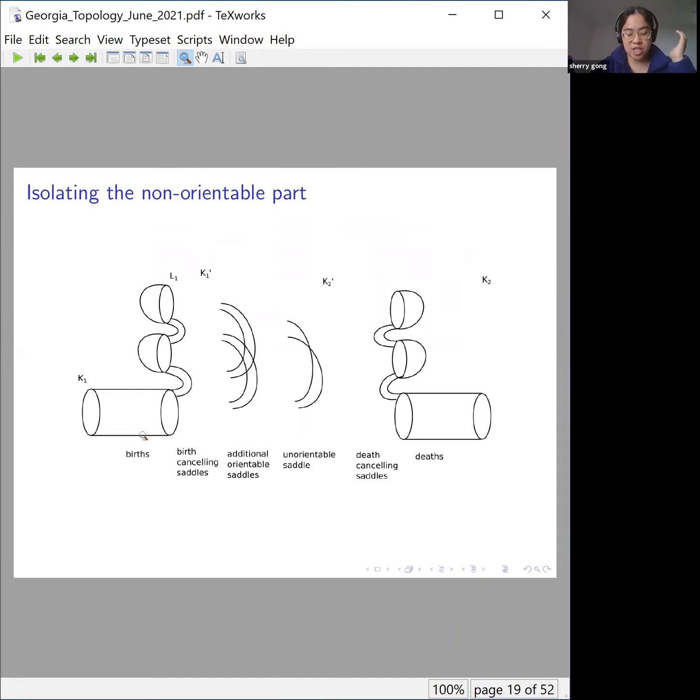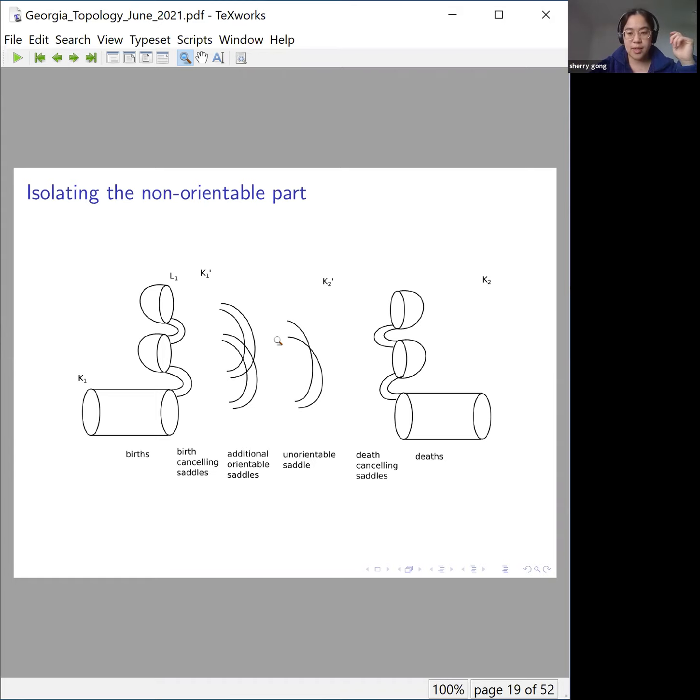Then you have a bunch of additional saddles. We divide these into the additional saddles that are orientable with respect to K1 prime, which is the knot after you do the birth canceling saddles, and the one which is unorientable with respect to K1 prime. You can always make sure that there's only one of these additional saddles which is unorientable with respect to K1 prime, because if you have several that are unorientable, you can slide one over another one to make it orientable.